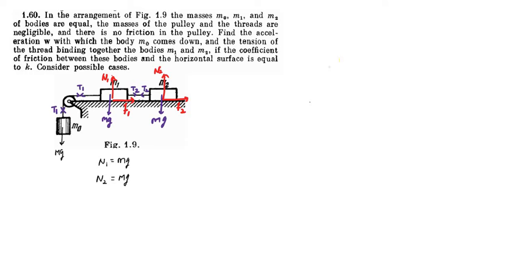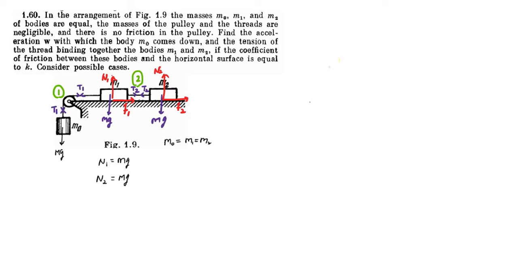And here m0 is equal to m1, which is also equal to m2. Here let us say the name of these two strings be 1 and 2.